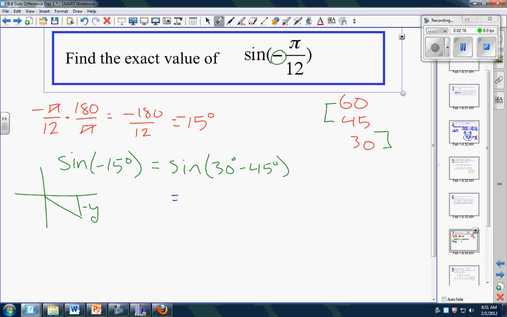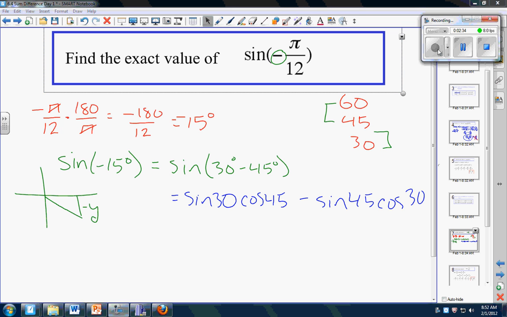So we're going to say sine first, cosine second, minus sine of the second one, cosine of the first one. If you notice, I actually put these in a different order than the formula, but it won't affect anything because it doesn't matter what order we multiply these. Okay.